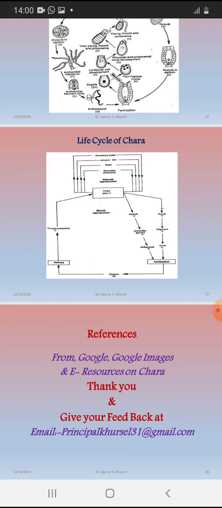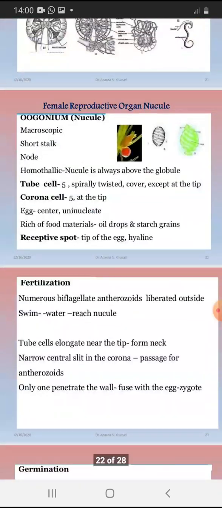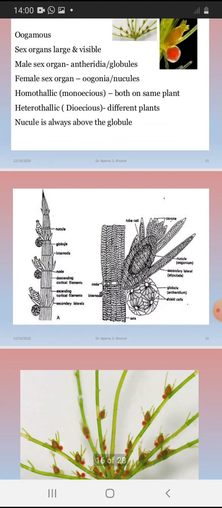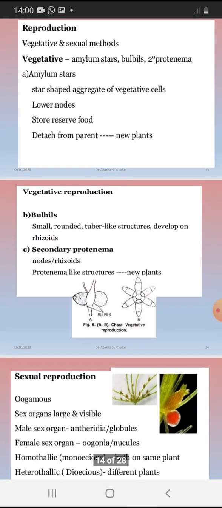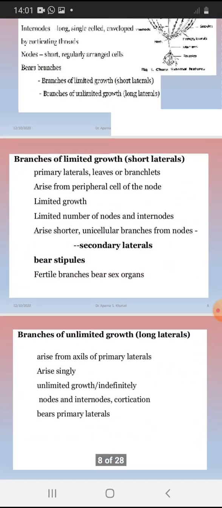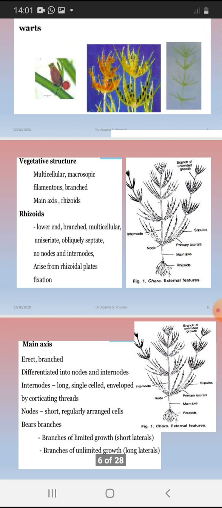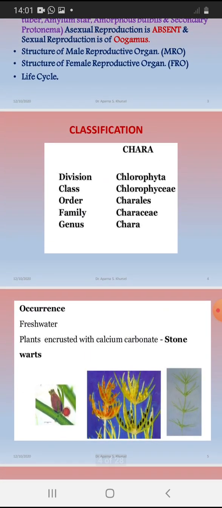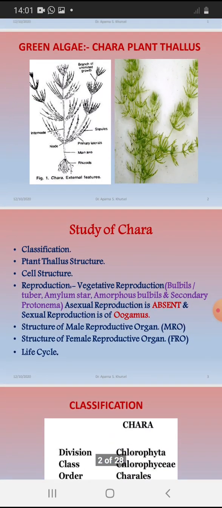So I hope I somehow made you understand the Chara genus which comes under the plant algae. You have to remember that it is macroscopic in nature and it comes under the class Chlorophyceae.